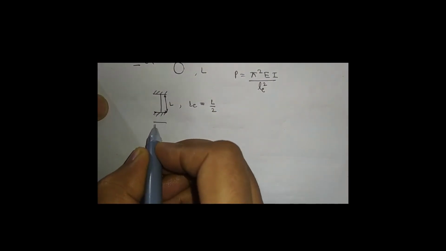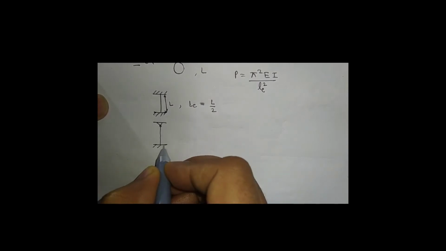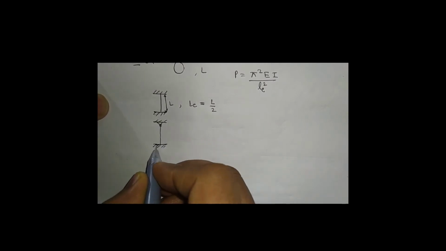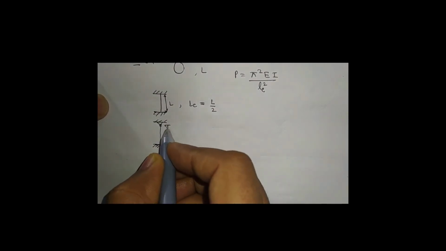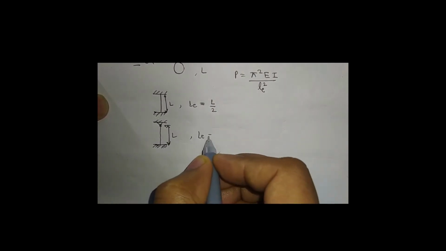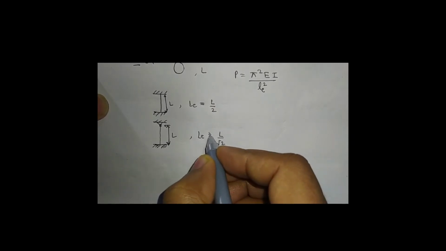And if the boundary condition is hinged and fixed, here it is hinged at one end and fixed at another end, if the length is L, then effective length is L by root 2 approximately.